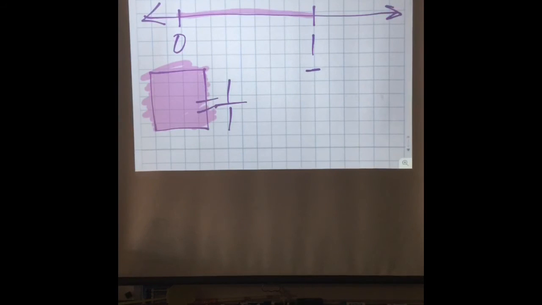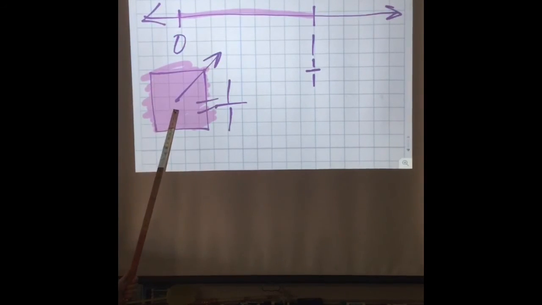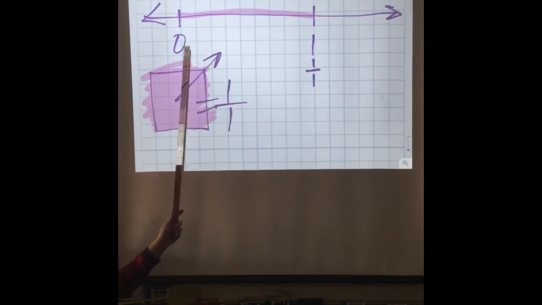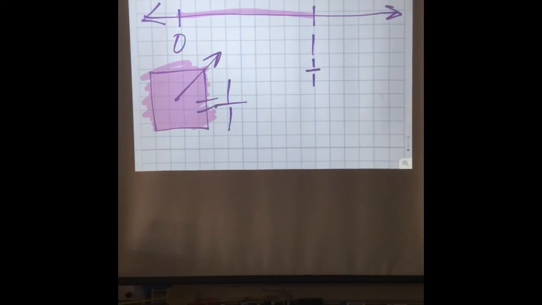It's the same as this. 1 over 1, right? Does everybody get that? Yes. Those mean the same things right now. Do you see that this 1 whole is a square? We're now going to turn it into a number line, and that means the same thing. Do you see that? Okay, so I'm going to erase this out.